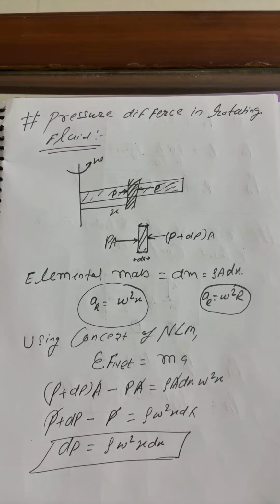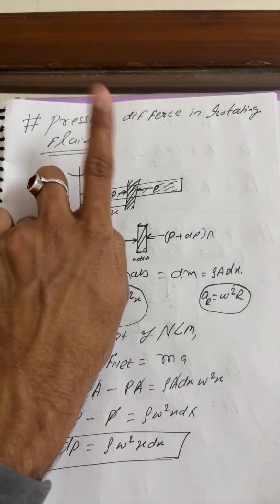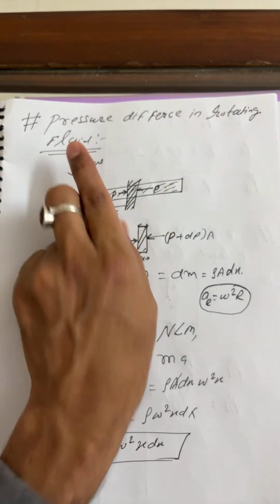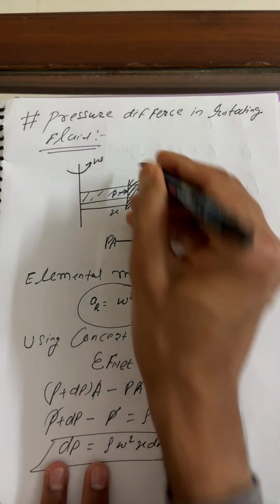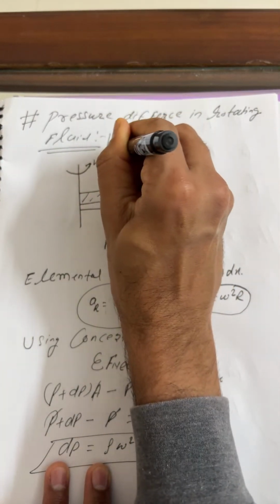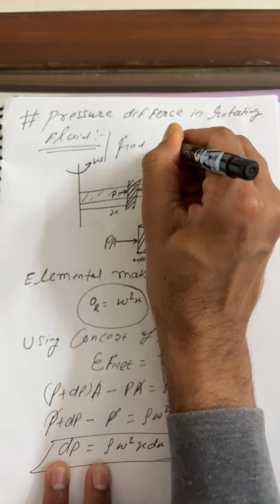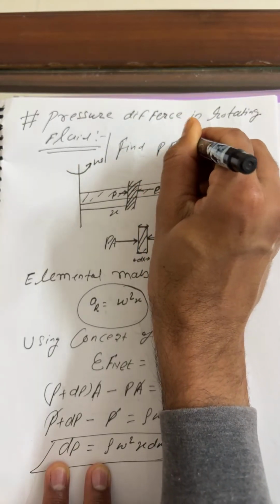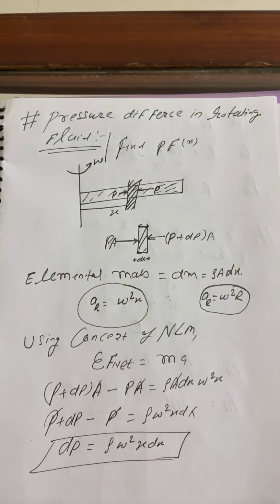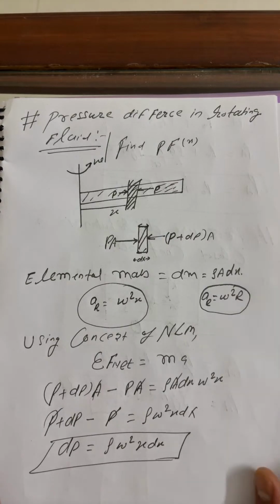Now, students, we wish to find the pressure difference. Integrate both sides. They can ask for the pressure difference in a rotating fluid, or they can say find pressure as a function of x. Don't hesitate, both are the same question.